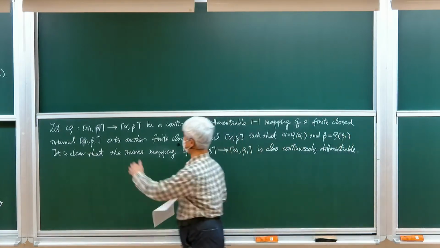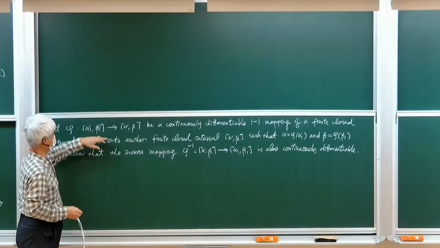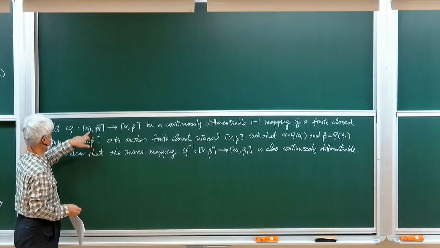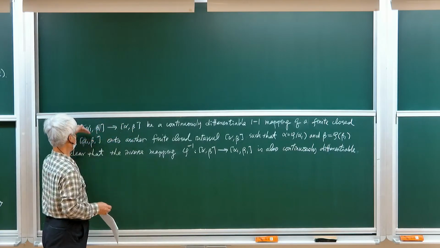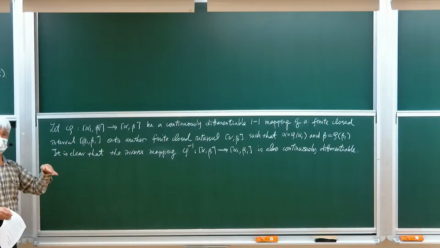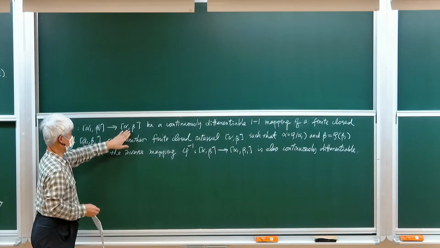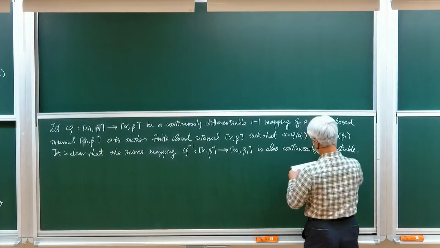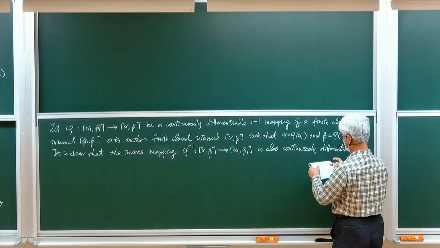So the orientation is the same. When t goes from alpha 1 to beta 1, the image will go from alpha to beta, so it will preserve the order of elements in these two finite closed intervals. I'm sorry I forgot to put this.